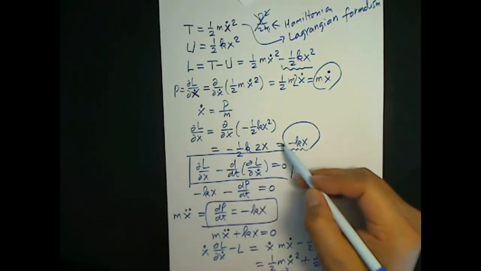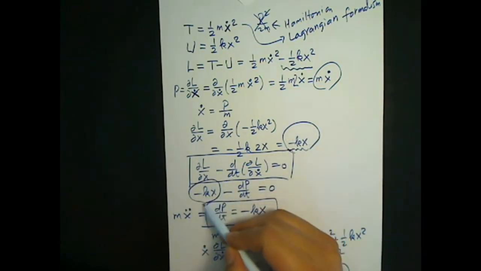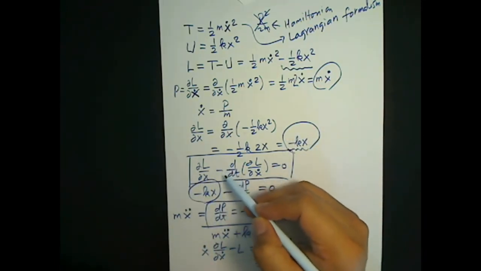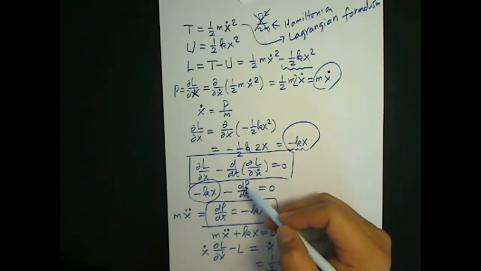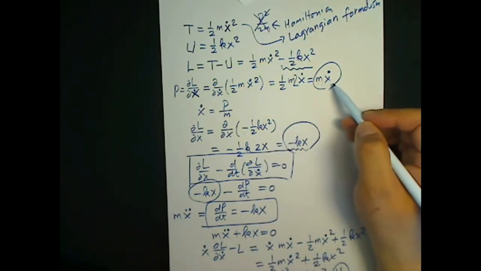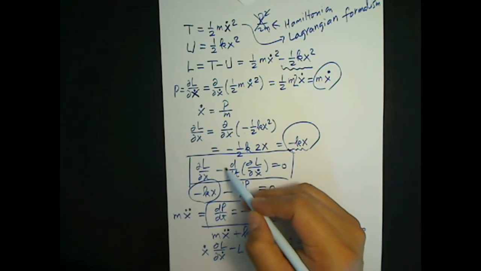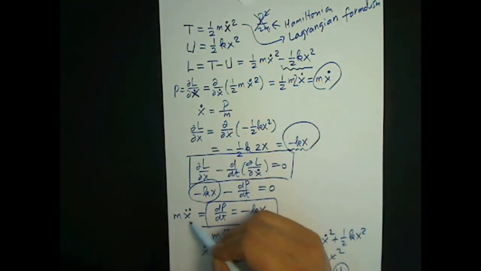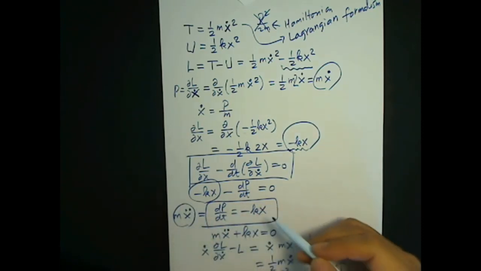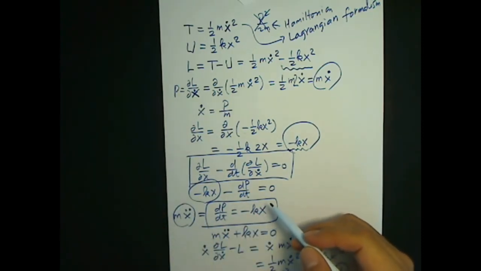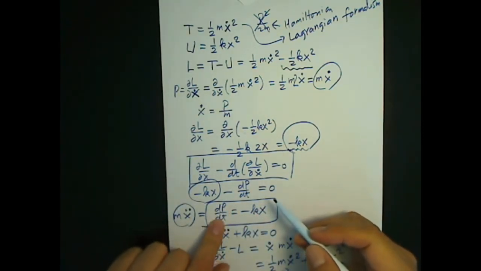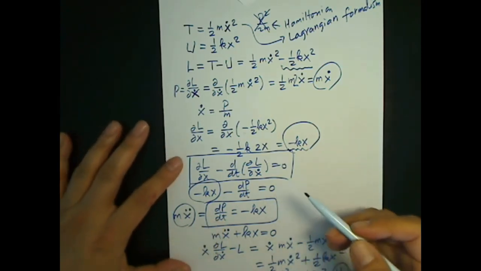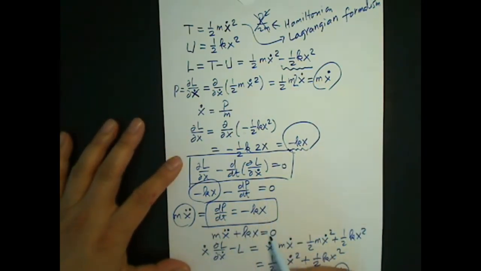This one is minus kx, and minus, we see m x dot. So the time derivative of m x dot is m x double dot, or the time derivative of momentum. Alright, so this is written in this form: m x double dot plus kx equals 0.